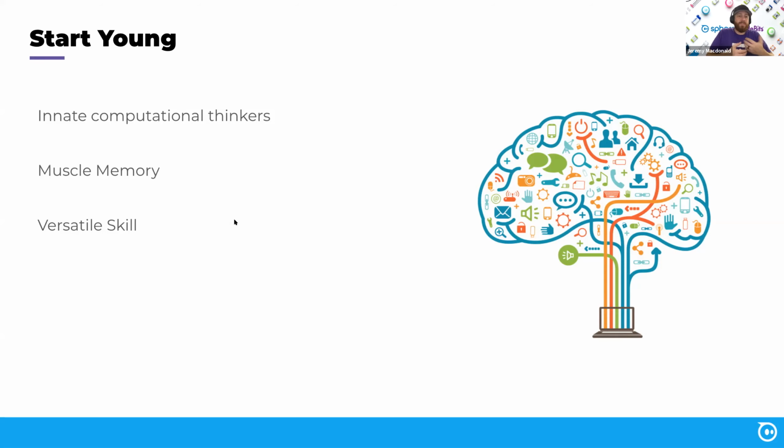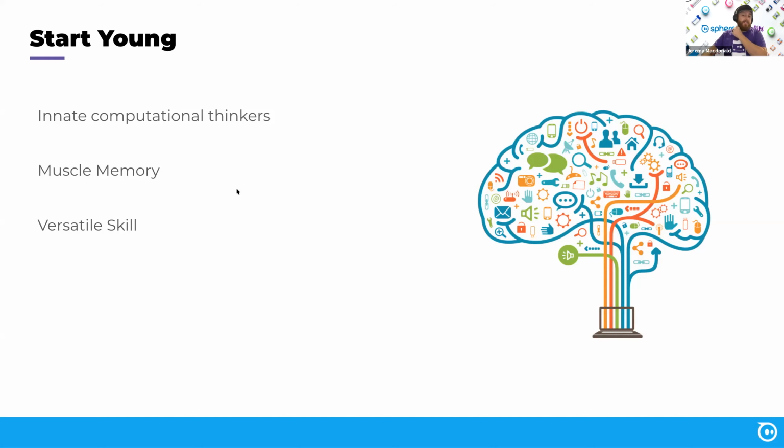So the more we do this, the more muscle memory we get, and the more relevant it becomes to our learners as we work with them on introducing computational thinking. Lastly, it's a very versatile skill. It's everywhere. We use it all the time, whether we are deliberate about it or not, whether it's happening to us or around us. And like any muscle, we can get stronger, we can get better at it the more deliberate we are with its use.